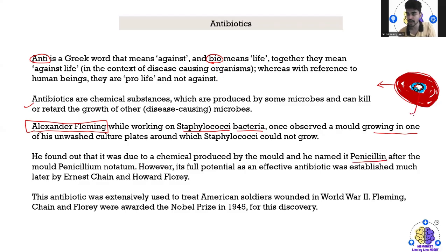So this blue color, I can name it as penicillin. It was a chemical which was resisting the growth of the staphylococci bacteria. Later on, he named that mold Penicillium notatum.